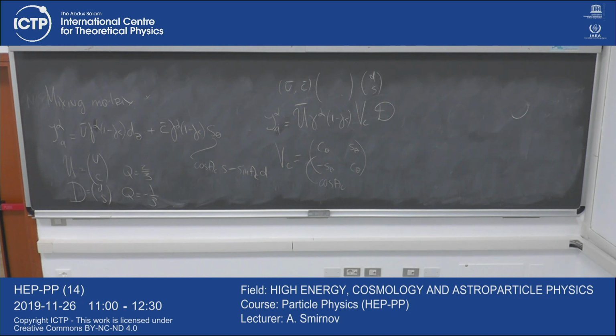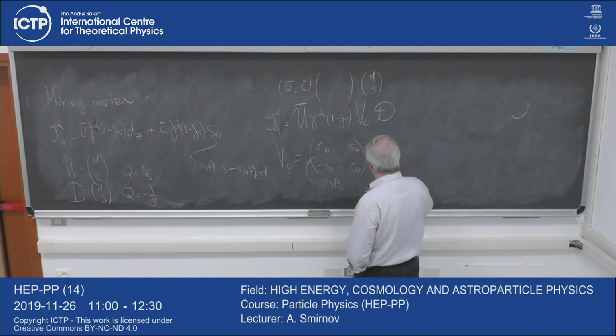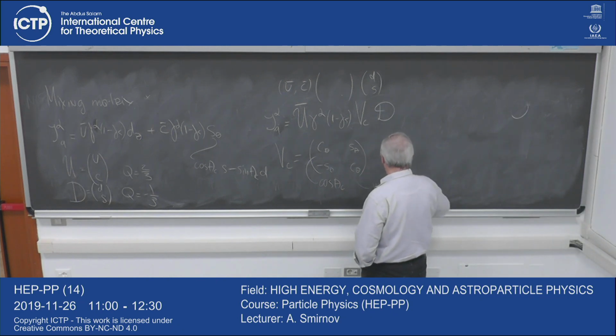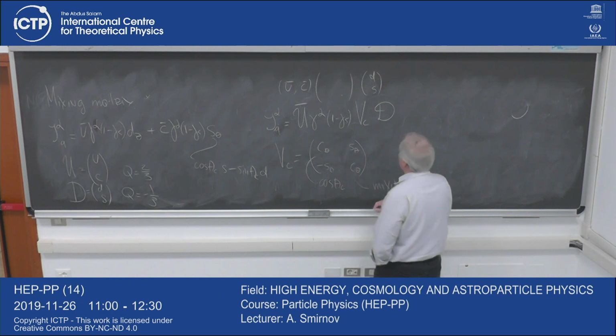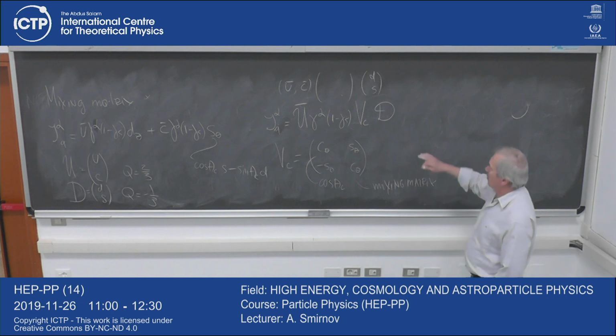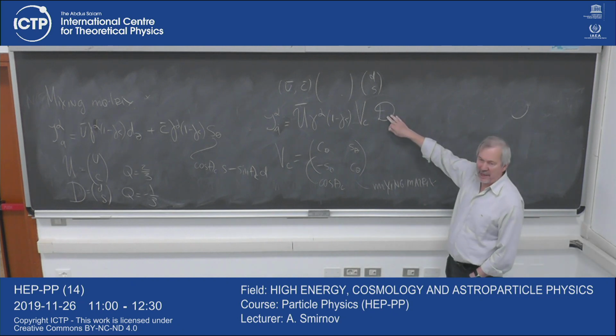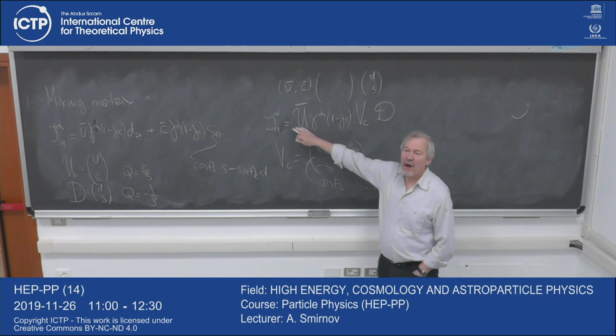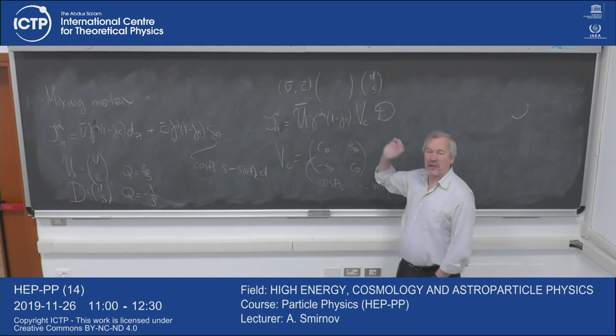So this is what is called the mixing matrix. What the mixing matrix is giving to us is that it connects mass states of down quarks with mass states of up quarks in charged currents.